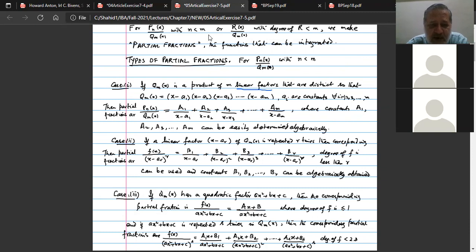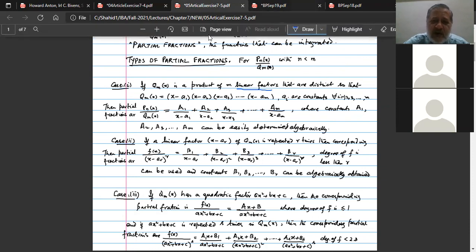Now for that, Pnx upon Qmx can be written in this form: constant upon first linear factor plus constant upon second linear factor plus constant upon third linear factor, and so on. And then what we do, let me describe it here.